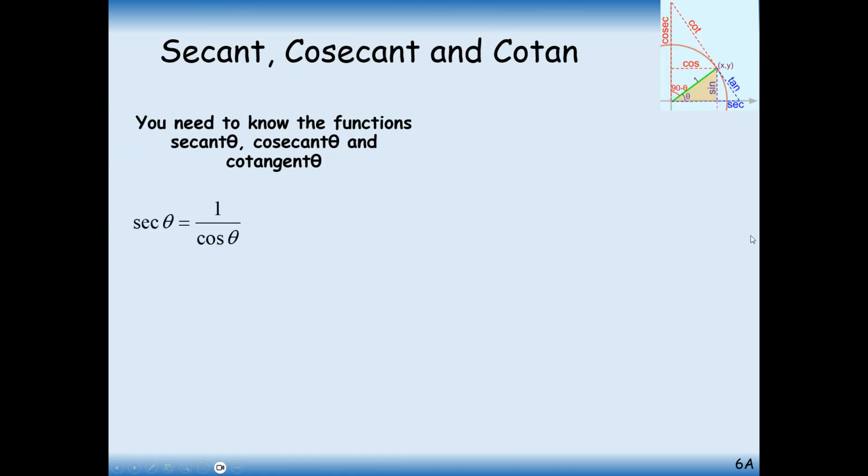So, in the first part, you should be familiar with the fact that secant is basically just the reciprocal of cos, 1 over cos of any angle. And cosecant is 1 over sine of any angle. And cotangent is 1 over tangent of that angle itself.